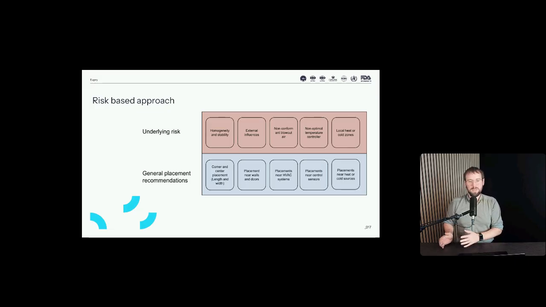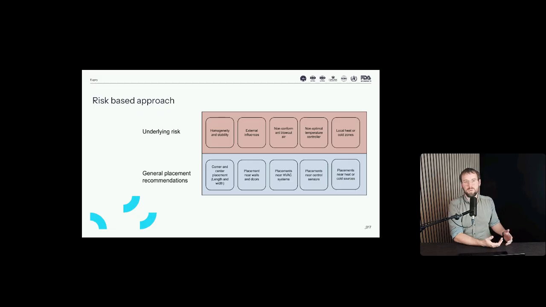We need to have placements near HVAC systems. Well, it's again because we might have non-conformant temperature air blowing out from the HVAC system, or we might have heat radiated from radiators. So again, we need to understand the underlying risk. We need to have placement near control sensors. Well, it might be because we don't have an optimal control sensor or we have a non-calibrated control sensor.